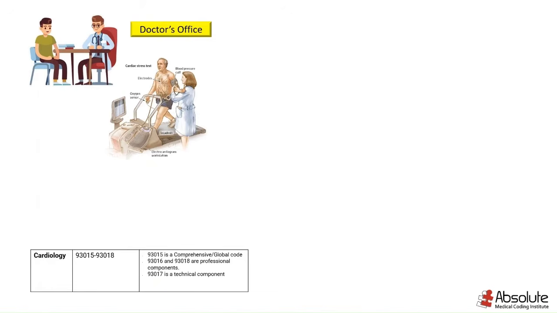In that case, the CPT code would be 93015. Let me also take you through a quick review of the FTRs for this. Under cardiology 93015 to 93018, we have the FTRs. 93015 is a comprehensive or global code. 93016 and 93018 are professional components, and 93017 is the technical component.